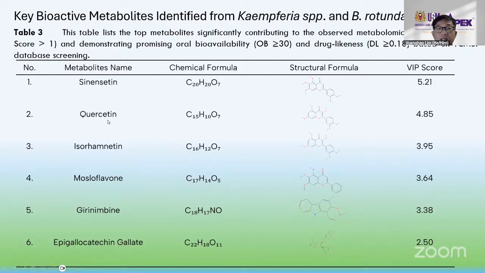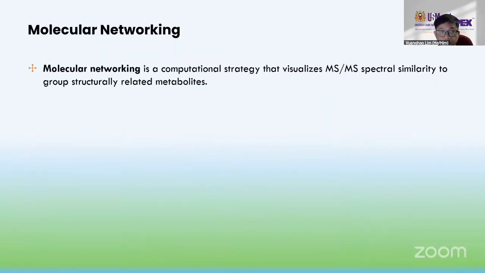So here, instead of relying on only one single compound, our integrated workflow enables us to identify a panel of promising metabolites that may work synergistically. So after the analysis of the whole thing, these are the compounds that we have obtained. So what we're going to do with all these compounds, we're going to move to molecular networking.